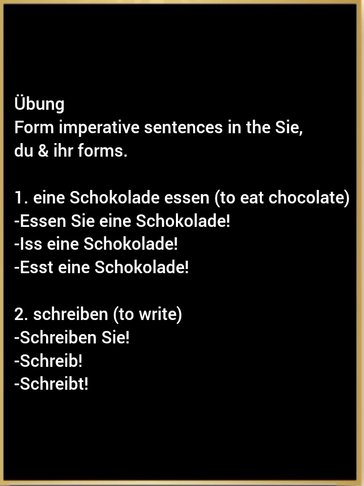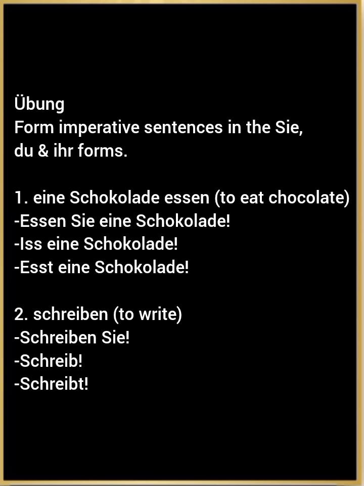Look at number 1. It has been done for us. Eine Schokolade essen. To eat chocolate. So that would say, eat the chocolate in the Sie form, in the du form, and ihr form.